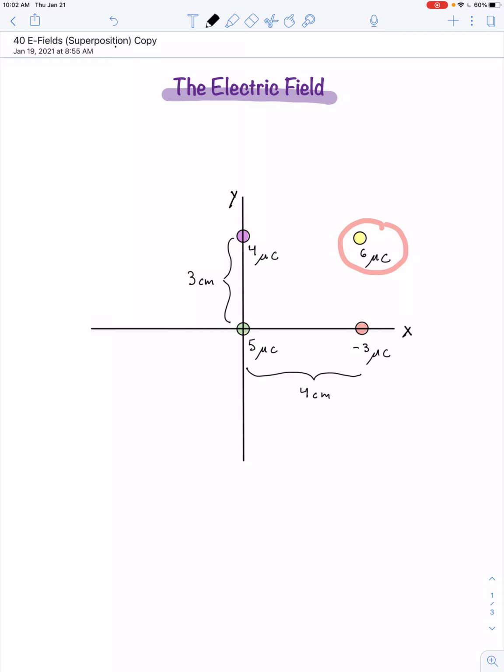There's a force of repulsion between the 5 microcoulomb and the 6 microcoulomb. There's a force of repulsion between the 4 microcoulomb and the 6 microcoulomb. And there's a force of attraction between the -3 microcoulomb and the 6 microcoulomb. We had to do some vector math to break the one vector that's pointing at an angle into its components, and then we recombined all the vector components using the parallelogram method.